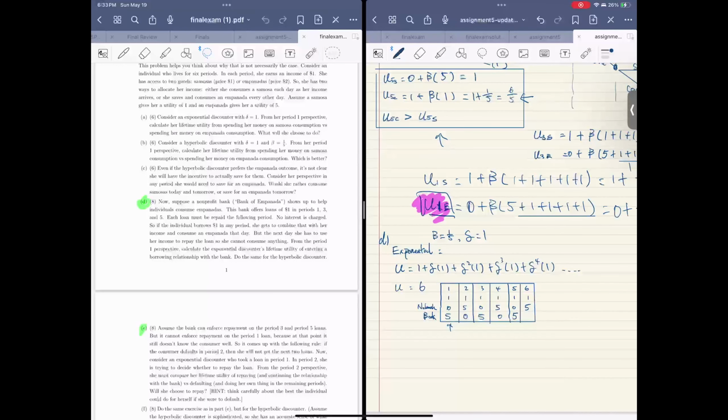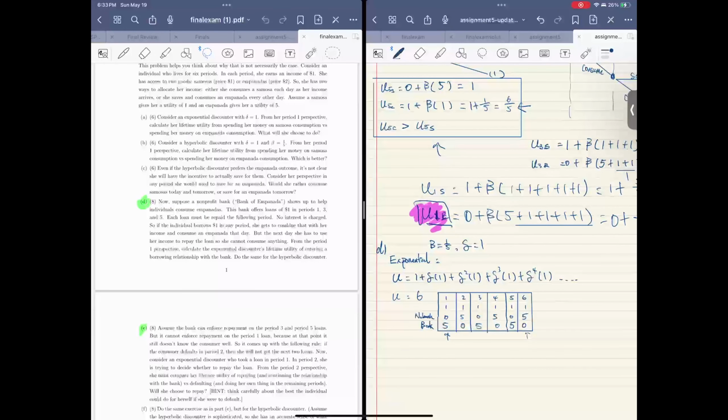Okay, so what happened to period 6? They have to spend that period repaying as well, don't they? Right, well, imagine the world doesn't end at period 6. But if the world ends at period 6, you'll eat the samosa on the last day.